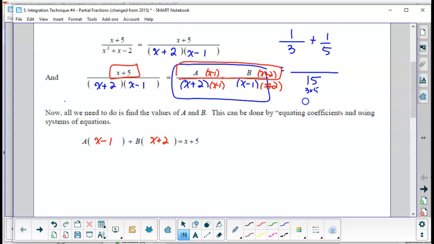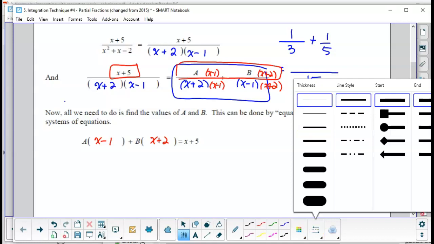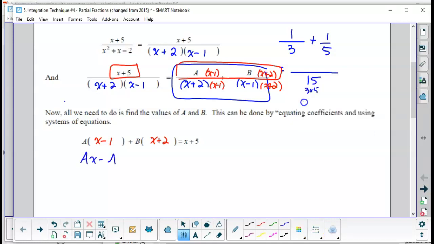Then from there, I'm going to switch back to blue. We know that Ax − A + Bx + 2B equals x + 5. So we want to group the terms that have x together. So Ax + Bx equals 1x, right?